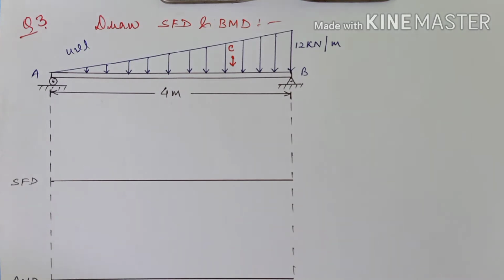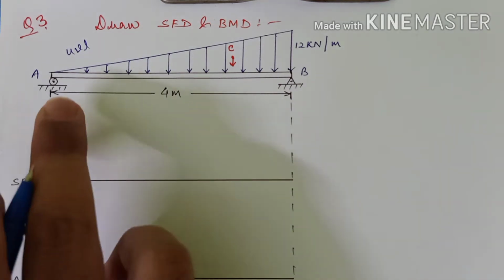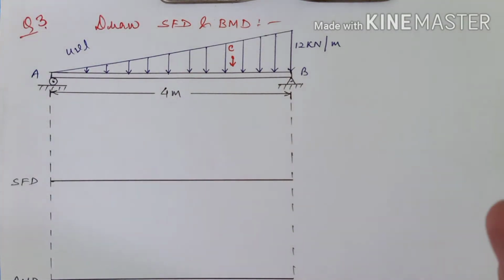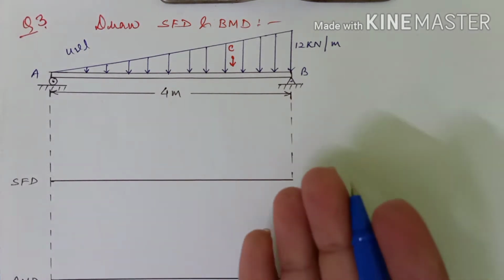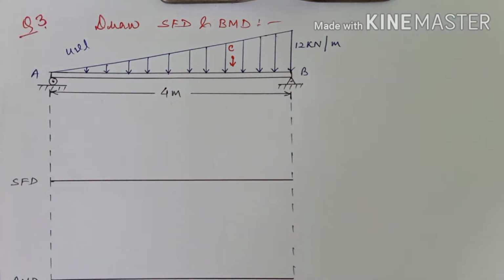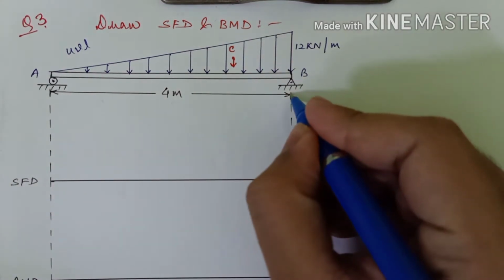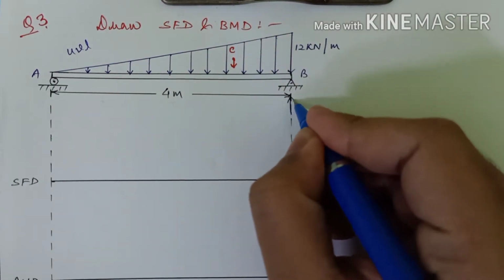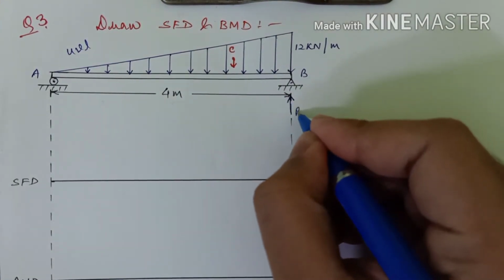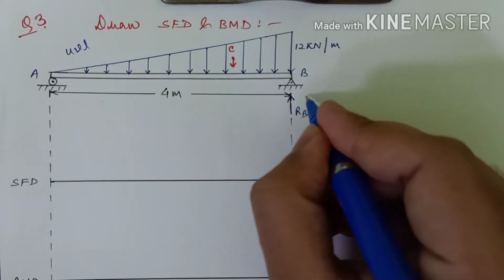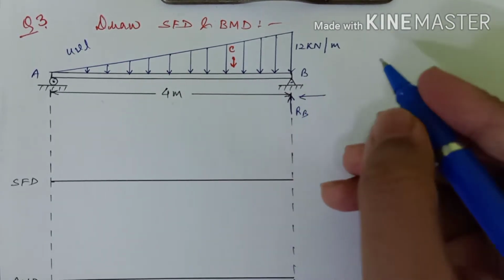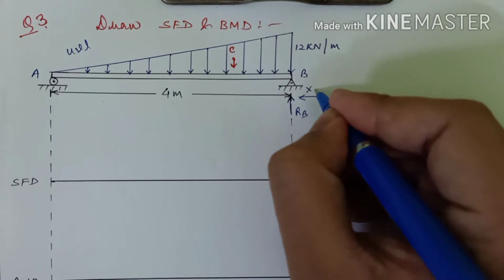So we are given a UVL where in the leftmost we have a support, that is a roller support, and in the rightmost we have a pinned support, or we can say hinged support, right? So we already know that in case of a hinged or a pinned support, we have two reactions, right? One is in the vertical direction, let it be my RB, and one is in the horizontal direction, so let it be my XB.